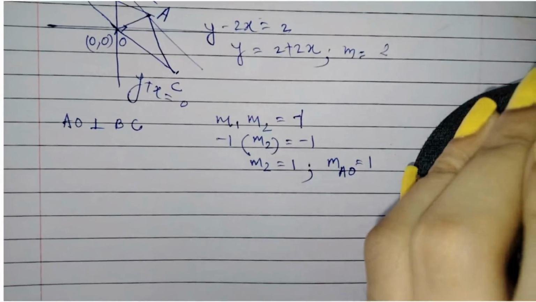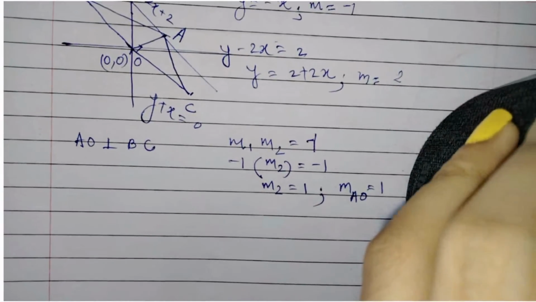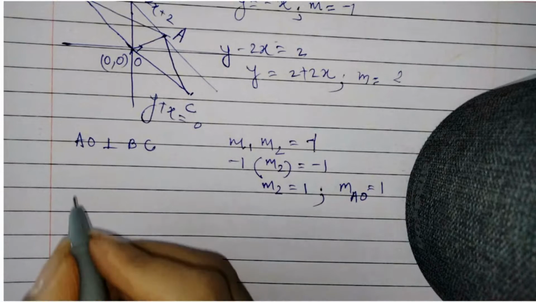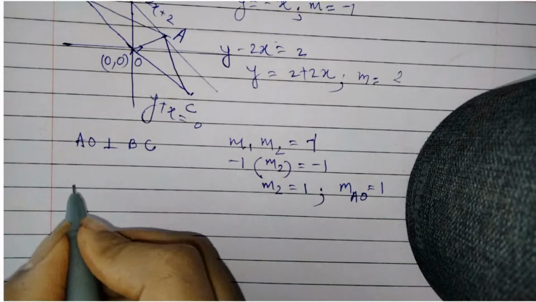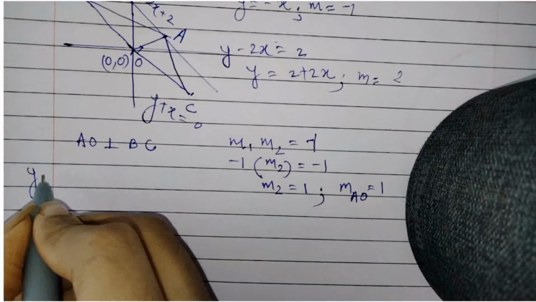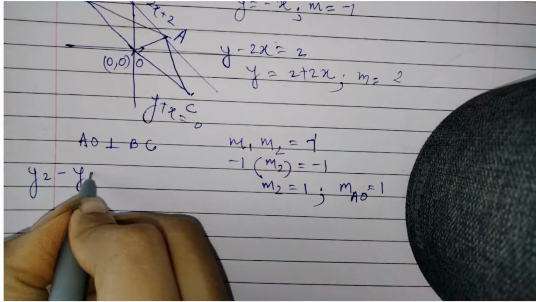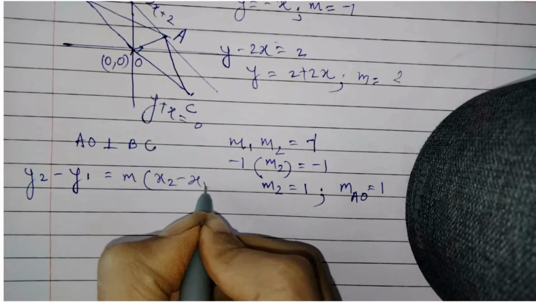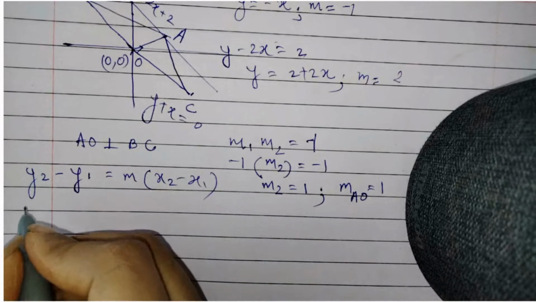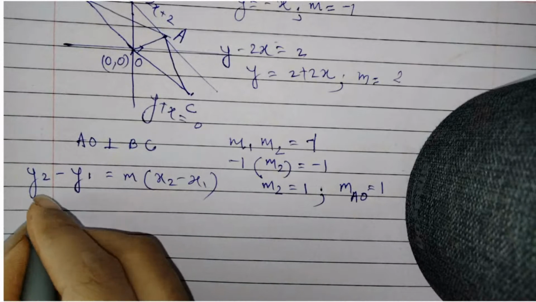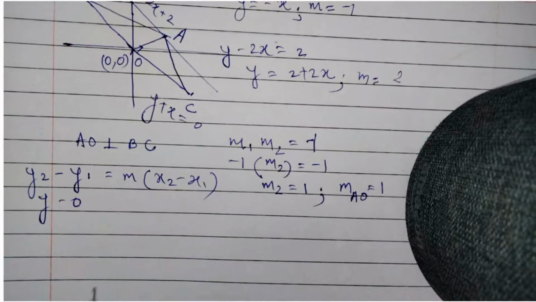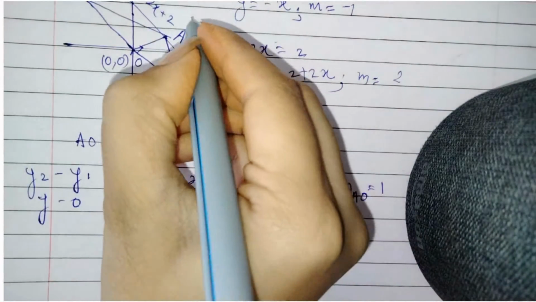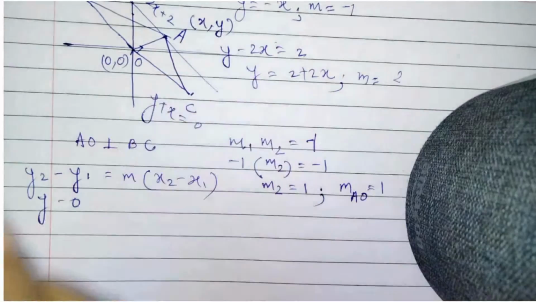Now we can write the equation of line AO as y2 minus y1 is equal to m times x2 minus x1. In this format, we have to suppose the coordinates of A to be x comma y.